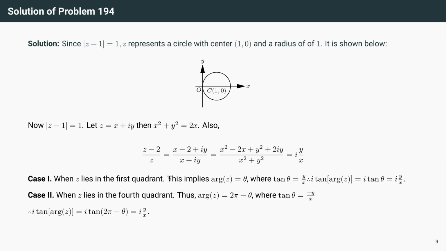So when it lies in the first quadrant, the tan of argument of z would be tan theta, which will be equal to y by x. But when it lies in the fourth quadrant, argument of z would be 2 pi minus theta, so tan theta is equal to minus y by x. So i tan argument of z would be iy by x.